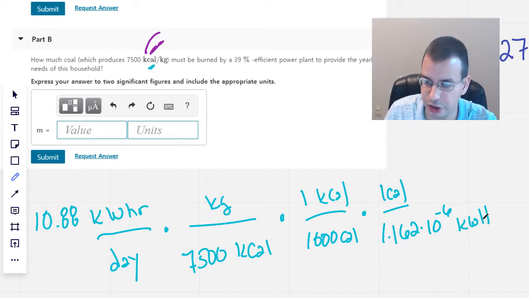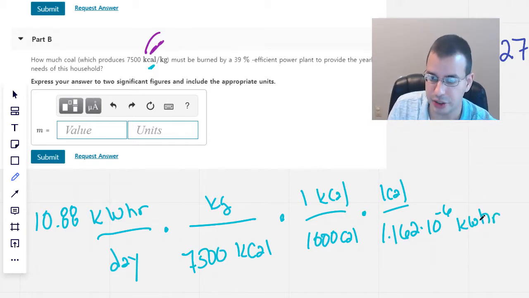I'll rewrite that as kWh. So now we've got kilowatt hours.